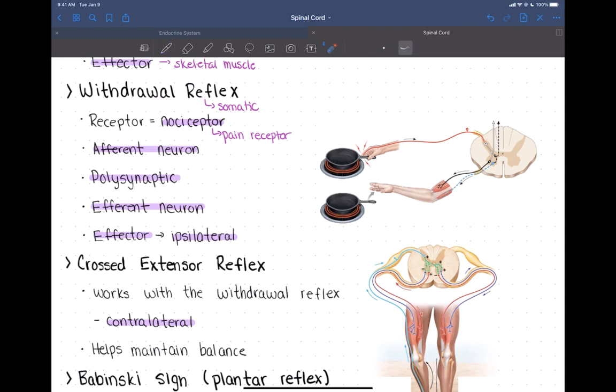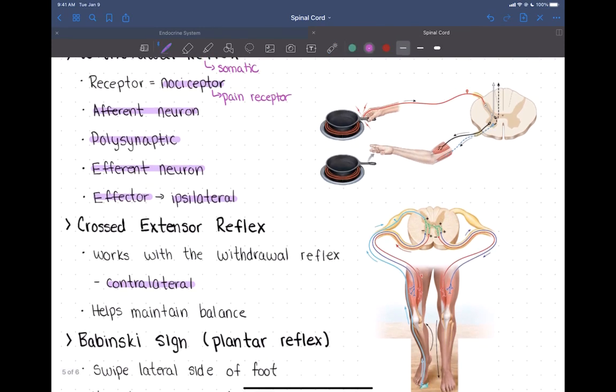Then you can see there's a series of interneurons here, so that means we are looking at a polysynaptic reflex. That information is going to be transferred to the motor neuron or motor neurons, which will coordinate the movement between the muscles. And that will cause you to withdraw that affected limb.